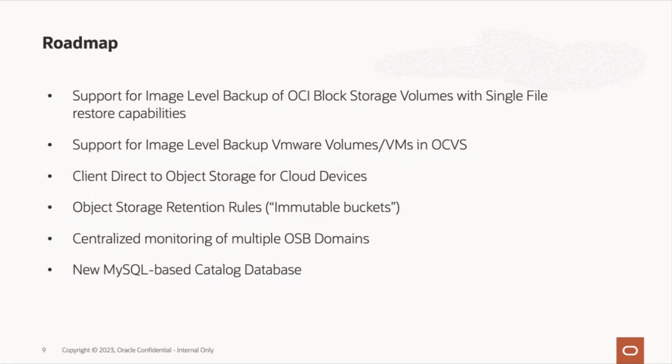For example, support for image level backup of block storage volumes with single file restore capabilities, which means integrating with the OCI storage services to initiate block volume image level backups, while still collecting and retaining catalog information on the actual files contained in them.